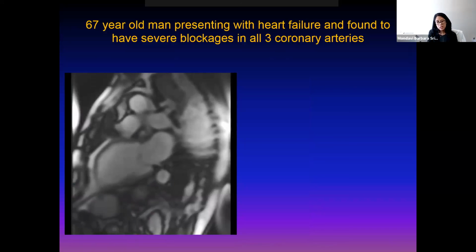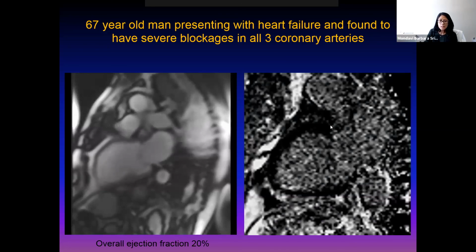And so in a patient such as this one here, and I'm not sure if this is playing right, someone who has heart failure that has severe blockages in all three arteries, and we're wondering whether or not a revascularization procedure could help improve his overall LV function. Looking at late enhancement, you can see that he hardly has any late gadolinium enhancement, and that's limited to this apical segment down here.